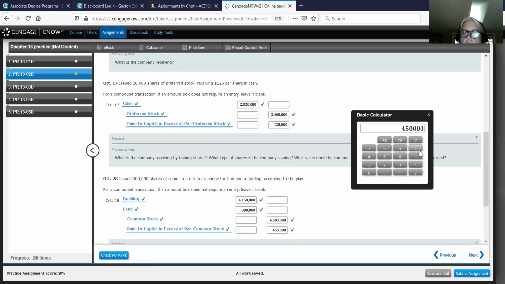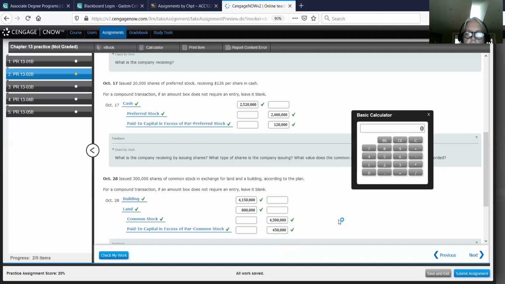We could have also determined this in a different way. We could have said the total of our building and our land together is the market price of the stock, and the difference between it and the par value will give you your paid-in capital in excess of par value.